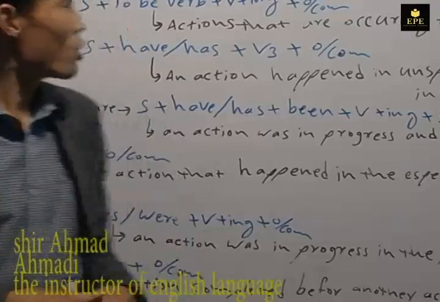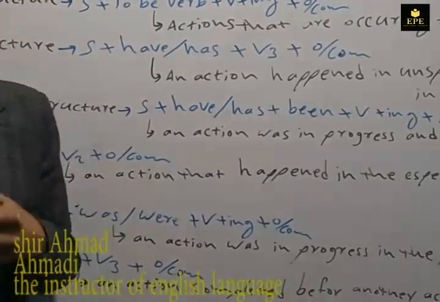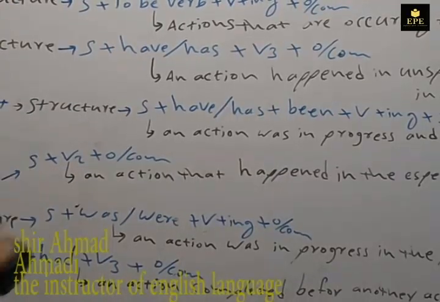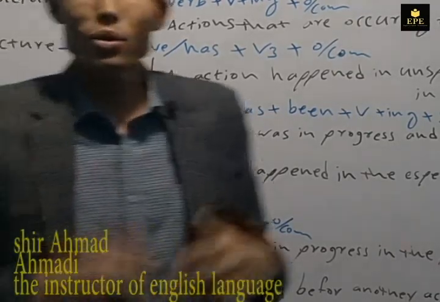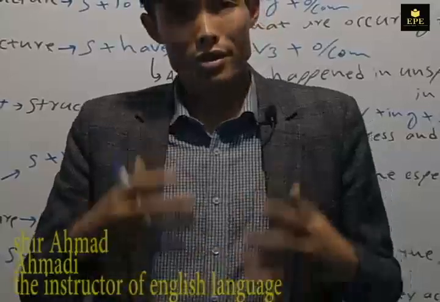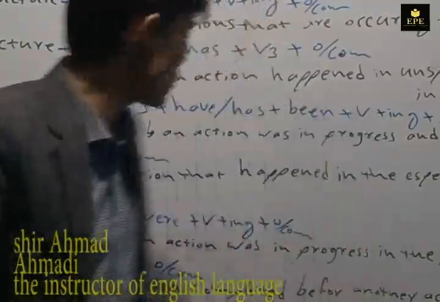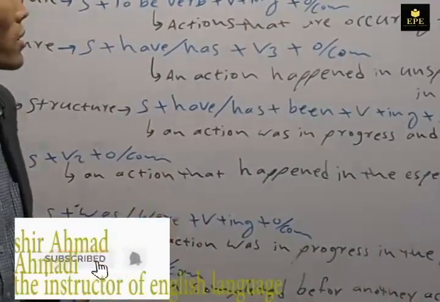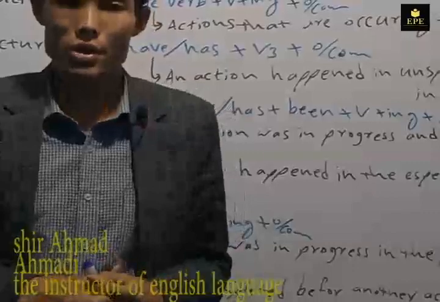So today I want to discuss tenses in the English language, specifically past tenses and present tenses. In the future, according to your comments, I will make a new video for the future tenses. So now let's start our new lesson.